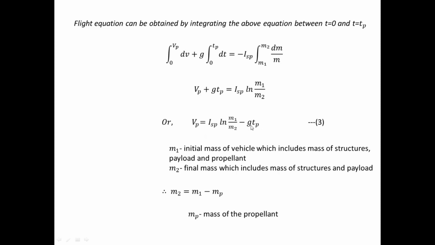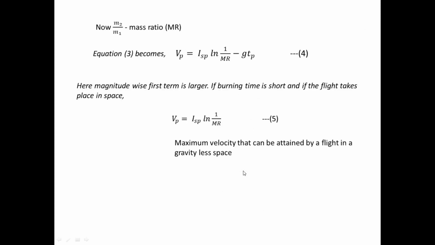So after time Tp, the rocket acquires a velocity of Vp. m1 is the initial mass of the vehicle, which includes the mass of the structure, payload and all those things. m2 is the final mass, excluding the mass of the fuel which is burned. So m2 is the initial mass minus the mass of the propellant consumed over a time of Tp.